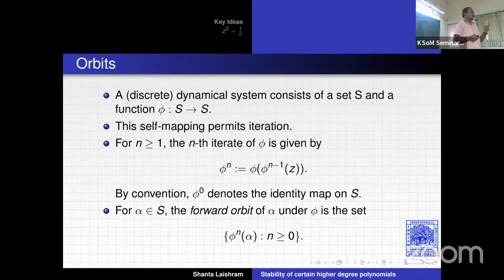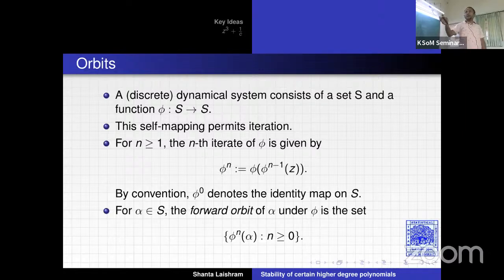So as you have seen before, a dynamical system consists of a set and a function from the set to itself. We define this function from set to set so that it can permit iteration. For n bigger than or equal to 1, the nth iterate means you iterate the function n times.